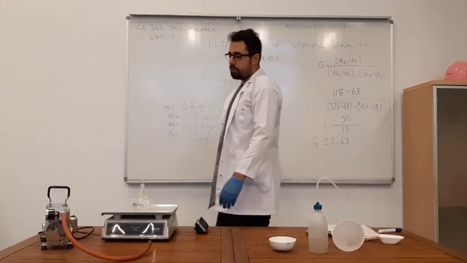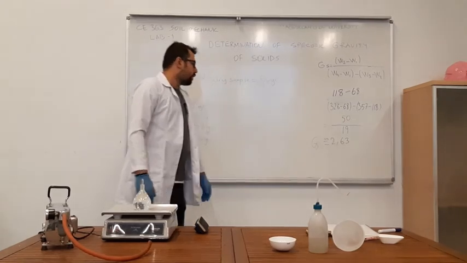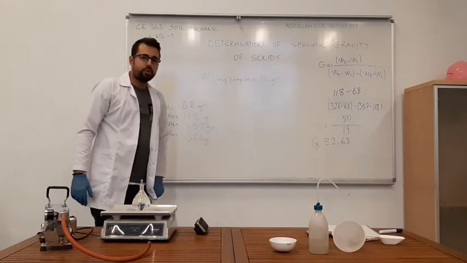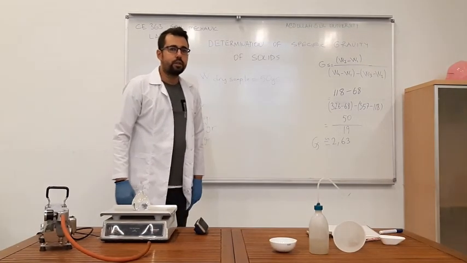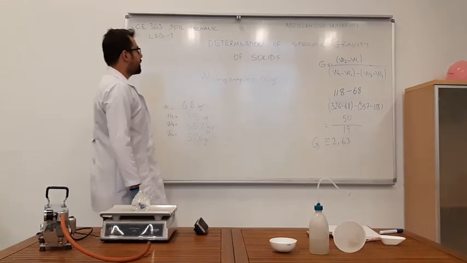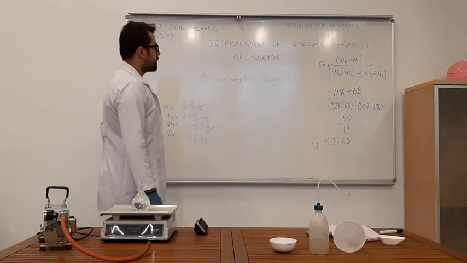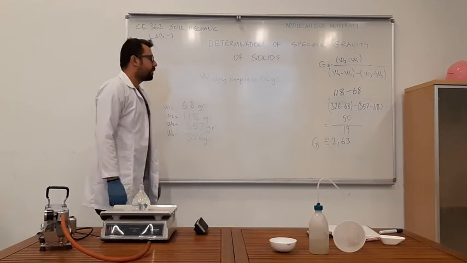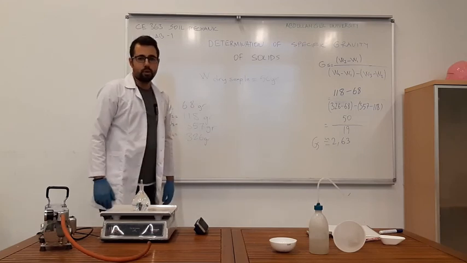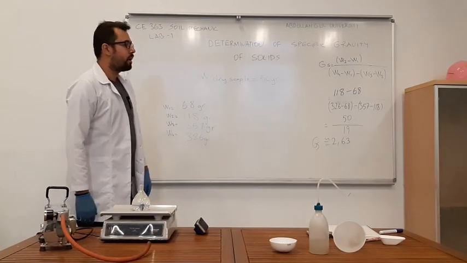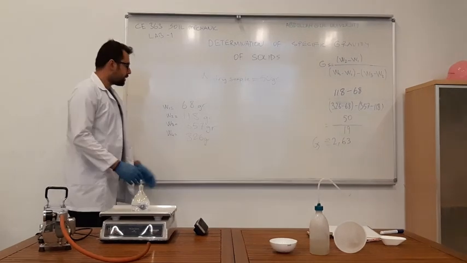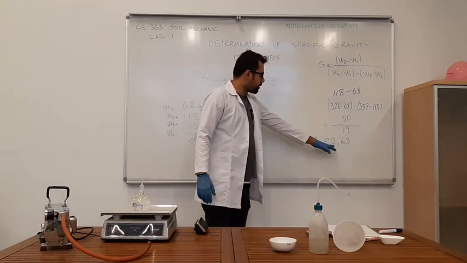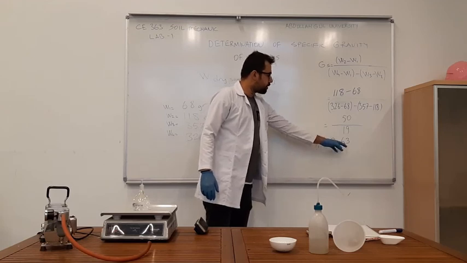Okay, today, Abdullah Gül University Soil Mechanics course, first lab session, determination of specific gravity of solids, and we took 50 gram dry soil, and after these steps we calculated the specific gravity as 2.63.